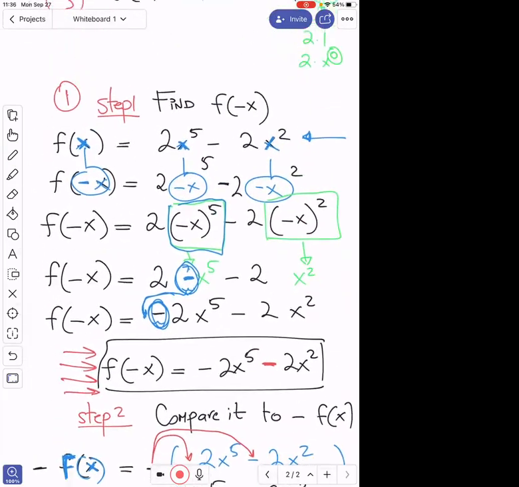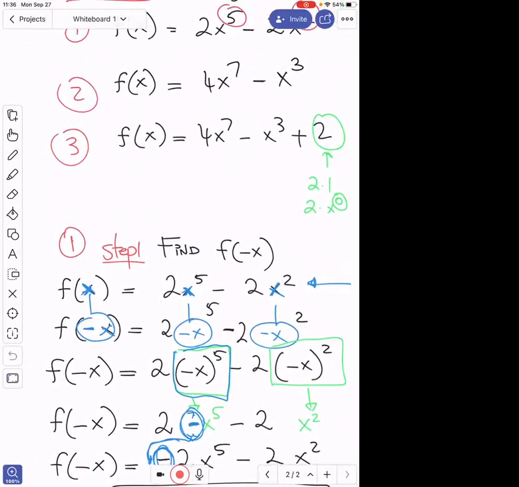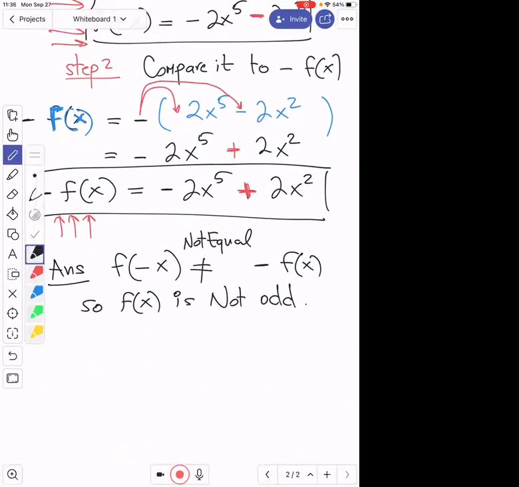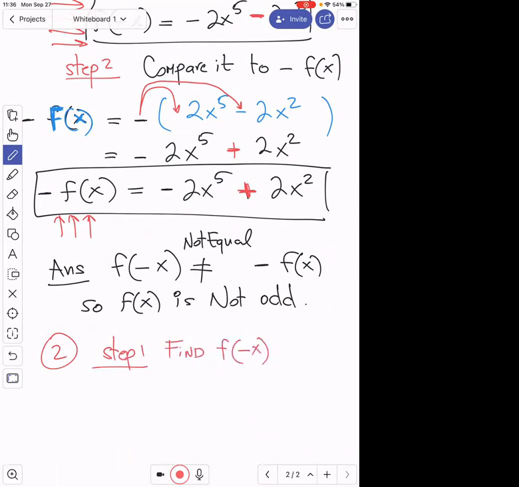For number 2, what was the function f? It was 4x to the power 7 minus x cubed.